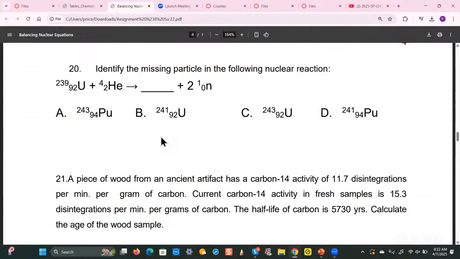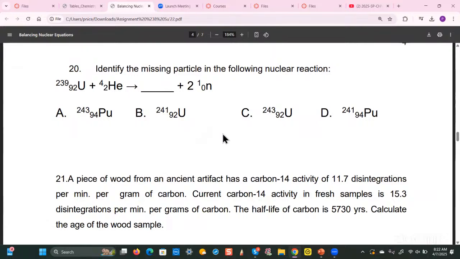Total mass number on one side must equal the total mass number on the other side. Total atomic number on one side must equal the total atomic number on the other side. Then for the unknown particle, you solve for its atomic number, and then you look up the element that matches it in the periodic table, and that's pretty much it. That's how you determine the missing element, or missing nucleus, or missing particle.